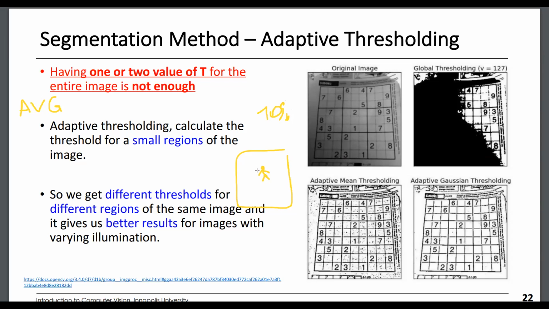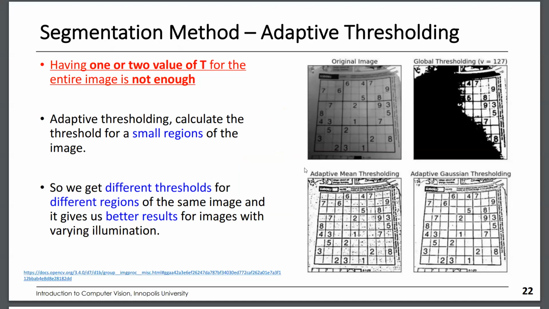But if we were working only on small parts of the image, not on something very big, you see, in all of these cases you will have a good distribution between both the background and the foreground, allowing for better thresholding.